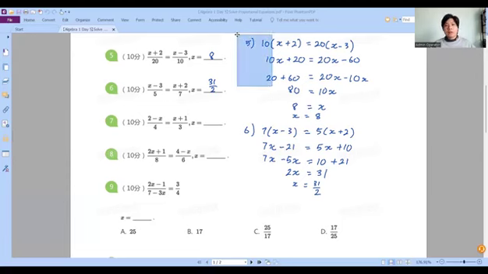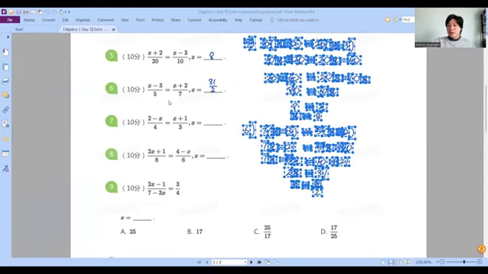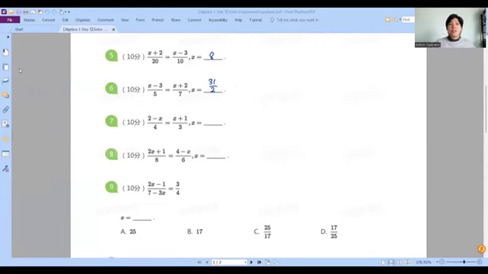So let me clear these solutions here and begin writing these solutions for question 7. So for question 7, I have (2 minus x) out of 4 equals (x plus 1) out of 3. Okay, so again, you rewrite the same cross multiplications.